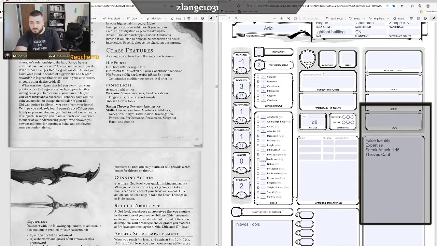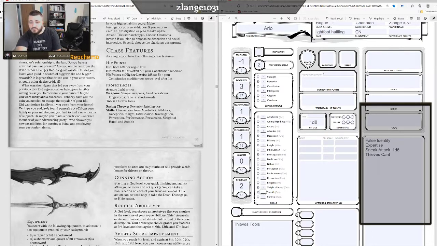Medicine, wisdom, modifier 0. Nature, intelligence, modifier 1. Perception, wisdom, modifier 0. Performance, charisma, modifier of 2. Persuasion, charisma plus proficiency, so 2 plus 2 is 4. Religion, intelligence, modifier 1. Sleight of hand is a dexterity-based proficiency, so dexterity of 3 plus proficiency of 2 is a 5.